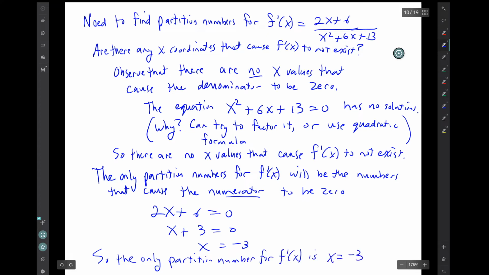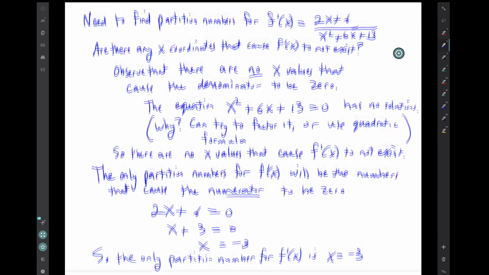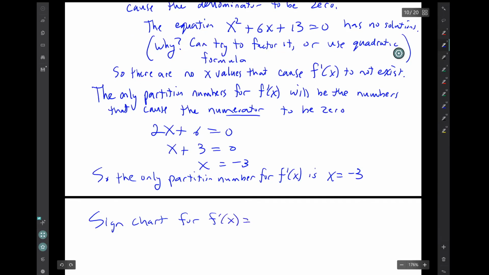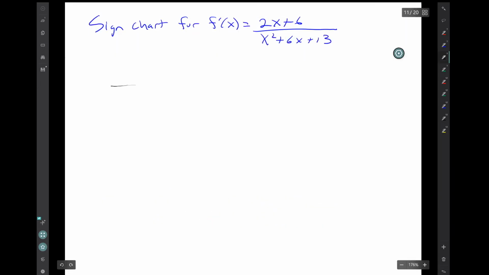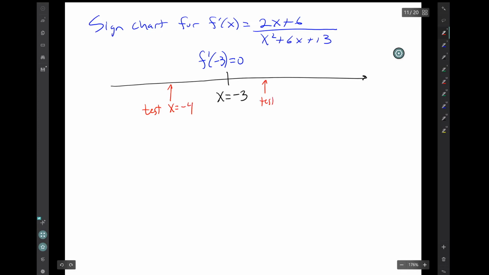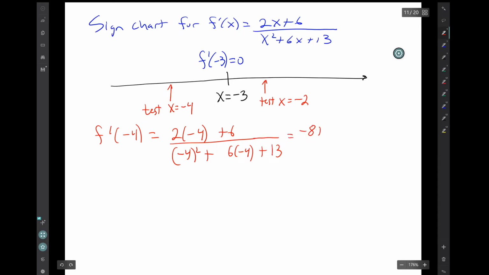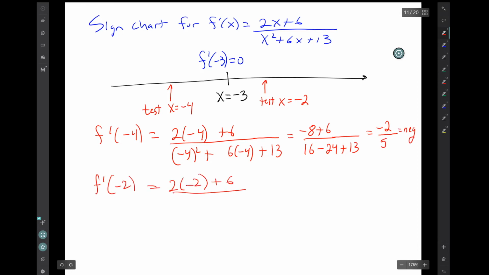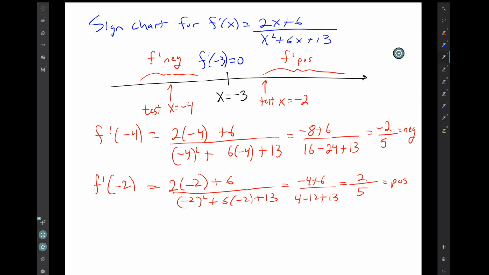All right, so now we need to make a sign chart for f prime of x. We'll do that on the next page. So there's our sign chart for f prime of x.